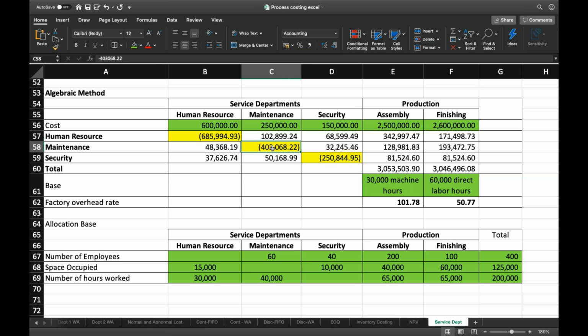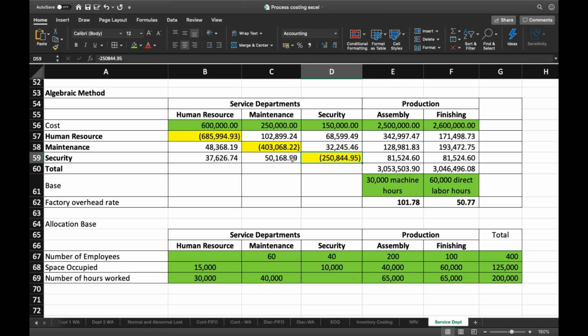For maintenance, the share of human resource to maintenance cost would be computed as follows: 15 over 125 times 403,068. So for security, that's 10 over 125 times 32, and so on and so on. For security, the share of human resource is 30 over 200 times 250,844.